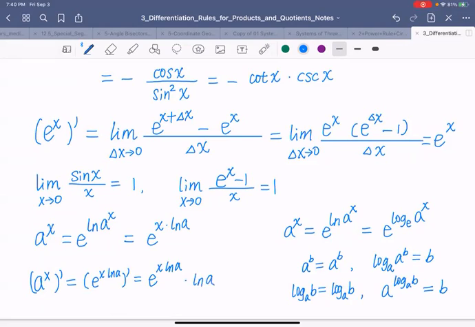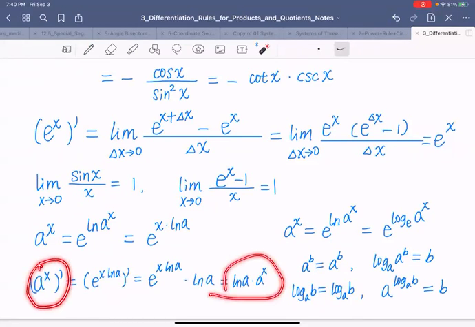Does this make sense? And this guy is who? So you will say this is ln a times a to the power x. That is the formula for this guy, okay?